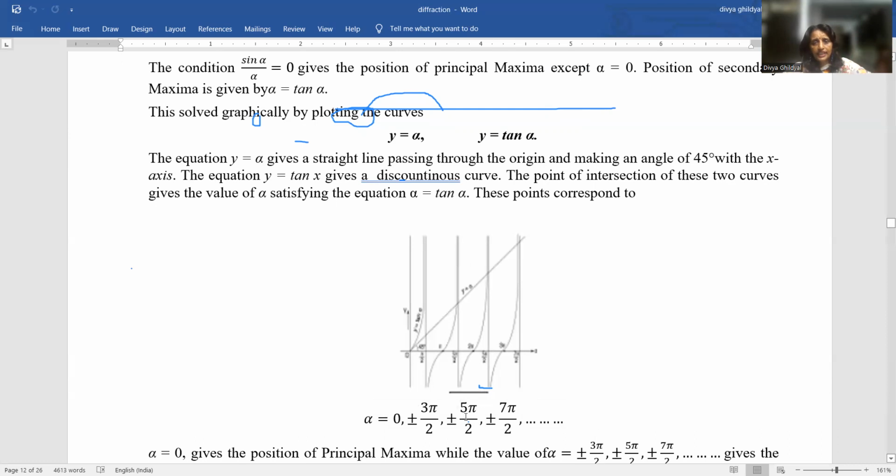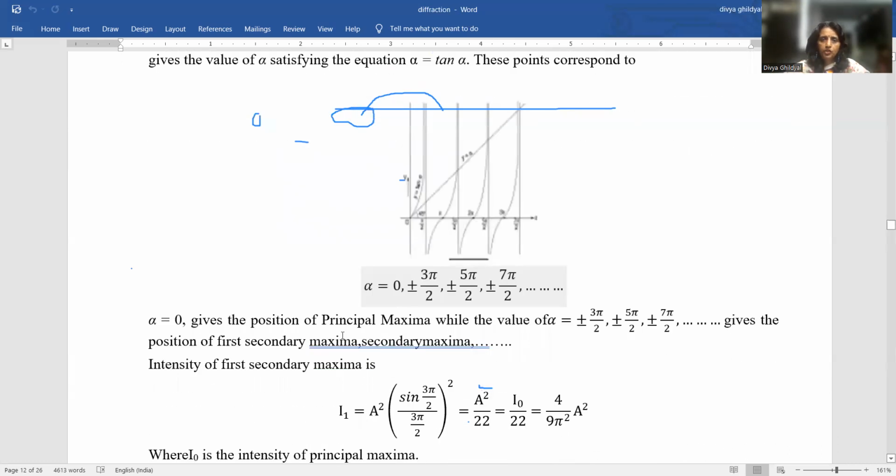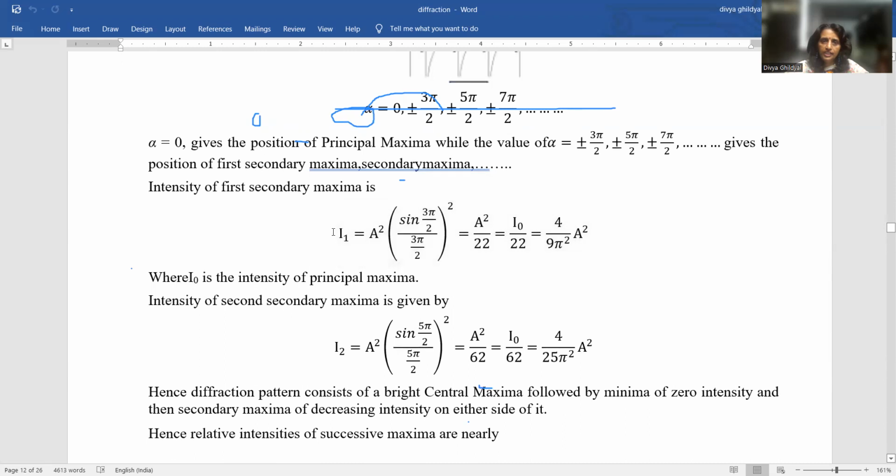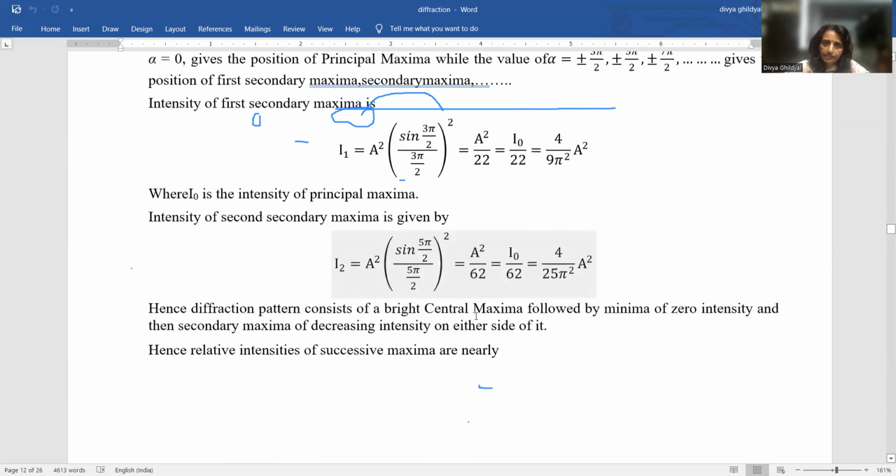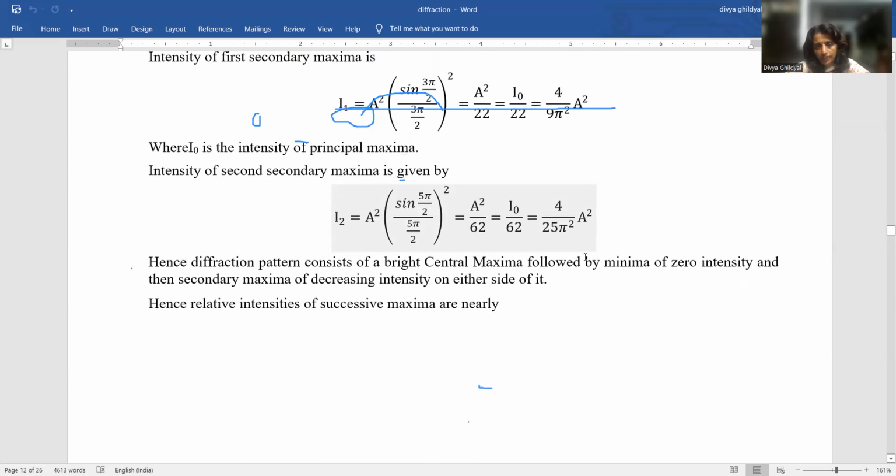Wherever these curves intersect, they give us the position of maxima, that is alpha equal to 0, plus minus 3 pi by 2, plus minus 5 pi by 2, plus minus 7 pi by 2, which give the positions of first secondary maxima, second secondary maxima, etc. So the intensity for first secondary maxima, where you put alpha equal to 3 pi by 2, becomes equal to 4 by 9 pi square A square. Intensity for second secondary maxima is 4 by 25 pi square A square.